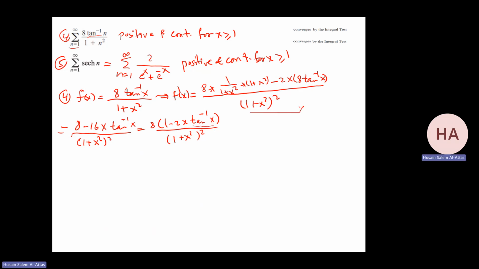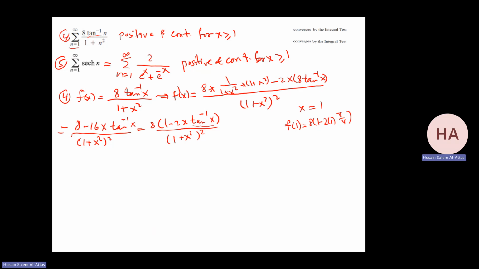Okay, so as x is greater than 1, at x equal to 1, what will happen? I'm starting from 1, just to see it. That expression, let me say f prime of 1, will be 8 times 1 minus 2 times 1 times tan inverse of 1, which is pi by 4, over something squared.